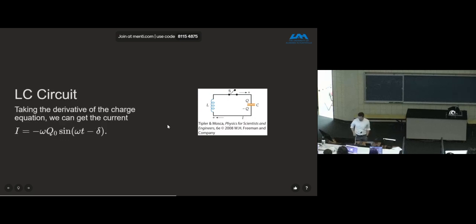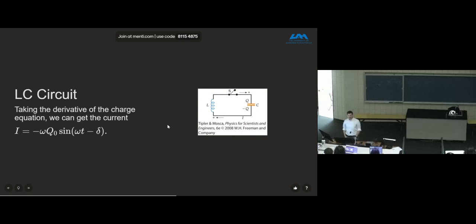Okay. So I showed you that we could take the derivative to figure out what all of this is, but it just so happens that if we take the derivative, we said that that was dq dt, and that's the current. So knowing what the charge is on the capacitor, we know what the current is through the system as a function of time. The current itself is oscillating. It's going back and forth, back and forth. And since we're assuming that these are ideal capacitors and ideal inductors, it will do this indefinitely.